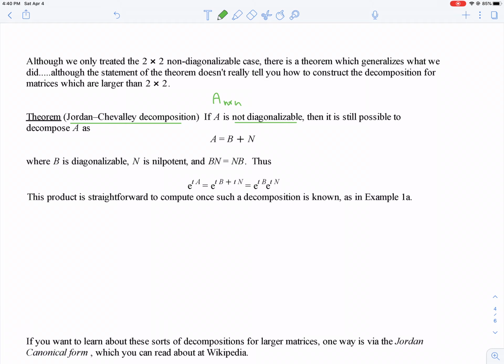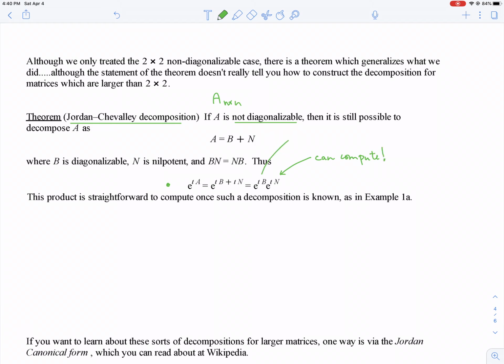And so therefore, we know that e to the tA will be e to the tB times e to the tN, and we now know how to compute e to the t times a nilpotent matrix. Those are the easiest in the world.